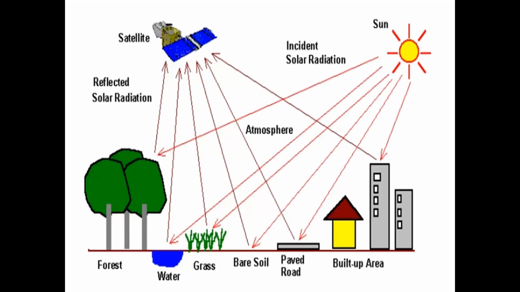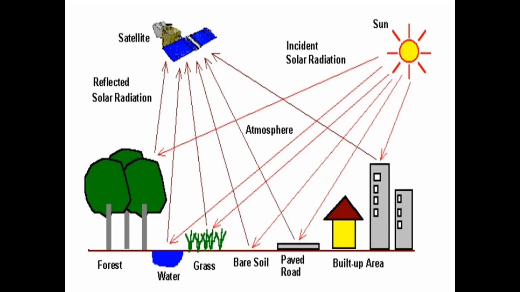This is the source for creating energy, which is reflected as solar radiation, and the information is gathered and collected by the satellite. Mainly, electromagnetic energy is created and reflected, and information is gathered and collected. This is the main principle for remote sensing.